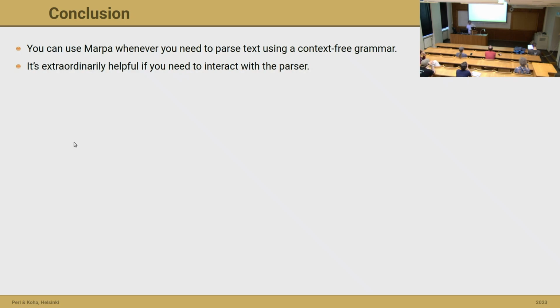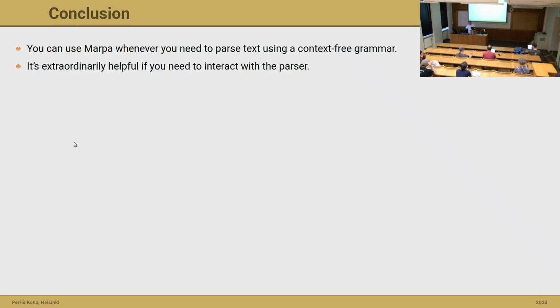Okay, so to conclude, you can use Marpa whenever you need to parse text using a context-free grammar, which basically means whenever there is a possibility to parse it at all, because for anything more complex, you might be in a deeper problem.